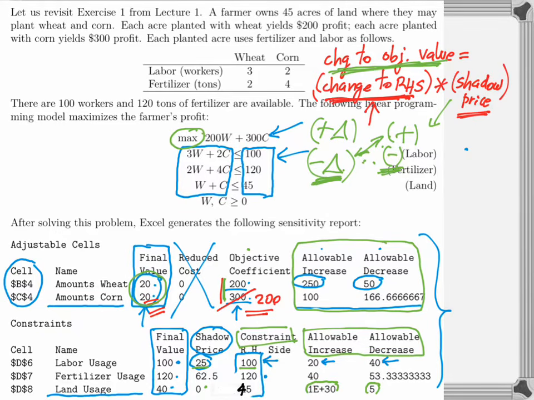So we looked at the first two key concepts, that is how to use the top table to determine when your solution stays the same after some changes to objective coefficients. And we used the bottom table to determine what is the effect on the value of your objective when you make changes to right-hand side numbers in your constraints. And we know how to use the allowable increase and decrease.